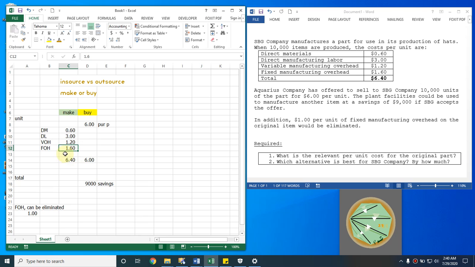So now we will analyze the relevant items, because in requirement number 1, we are being asked of the relevant cost. So what are the relevant costs? Because that is one way of determining the better option in a make or buy analysis.